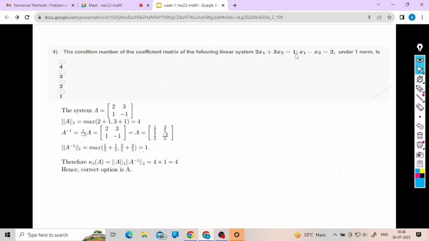Then there could be norm 2 also. In norm 1 we are using the max of the summation of the column elements.